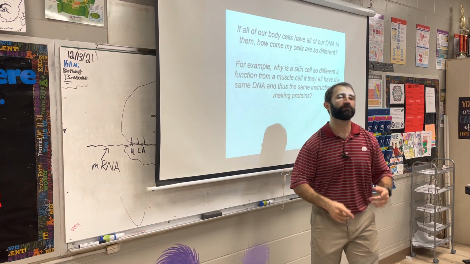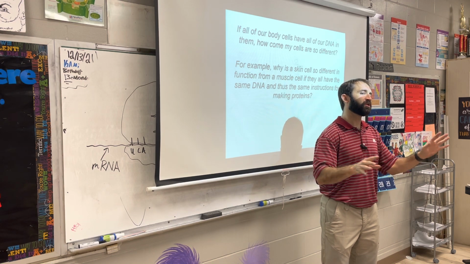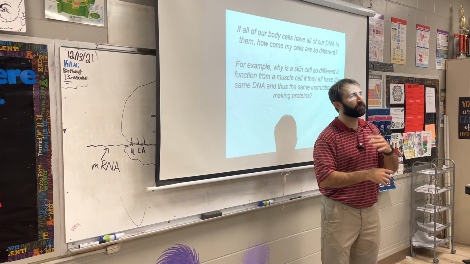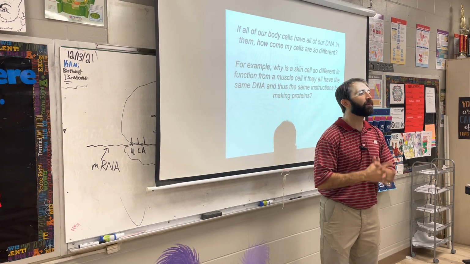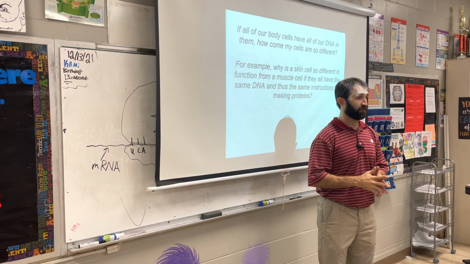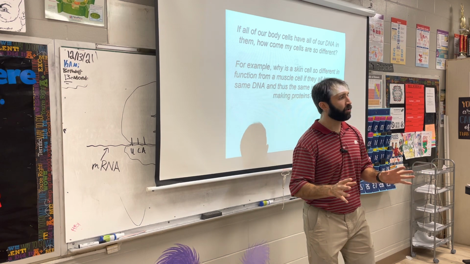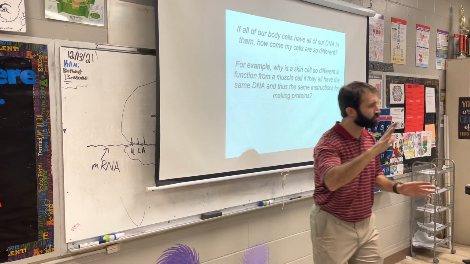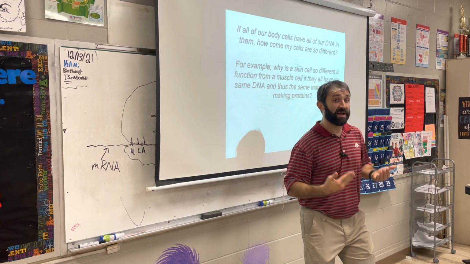So first off, all our cells have all our DNA. But do you remember what we said? How much of our DNA is made into proteins? What percent of our DNA would be called genes? Okay, let's say it right now. Only about 2 to 3% of our DNA is made into proteins.